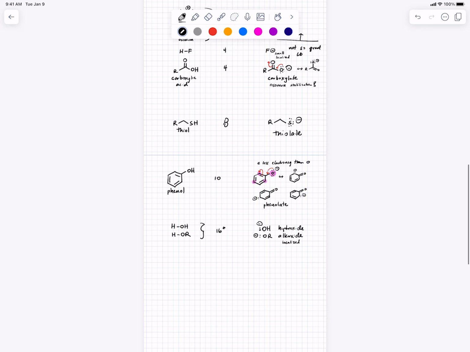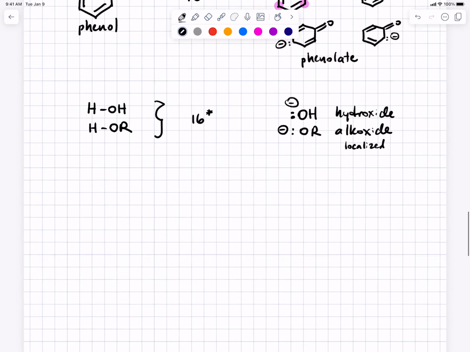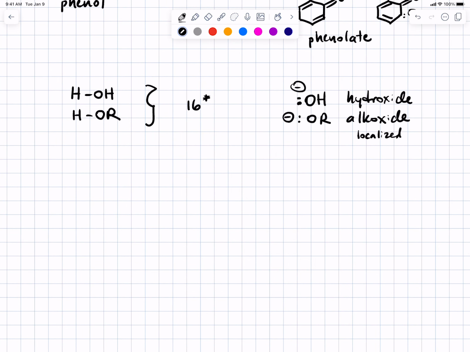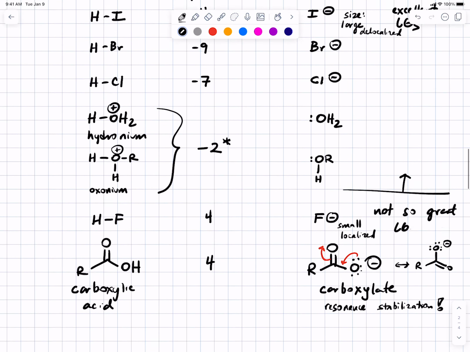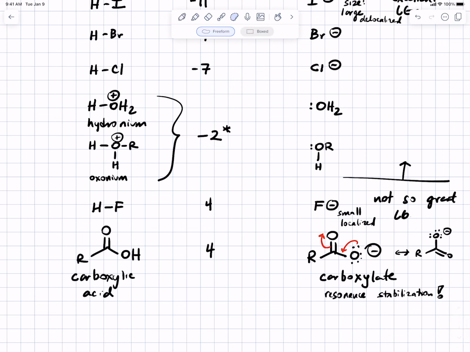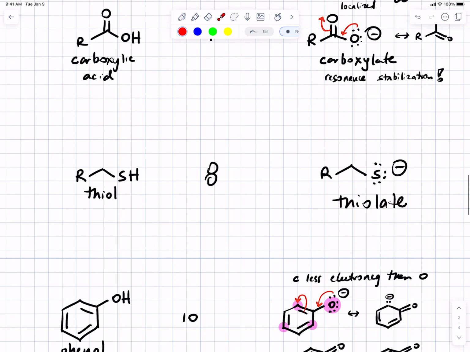We need to talk about nitrogen-containing compounds. So what we want to do now are the nitrogen analogs of hydronium and oxonium ions.